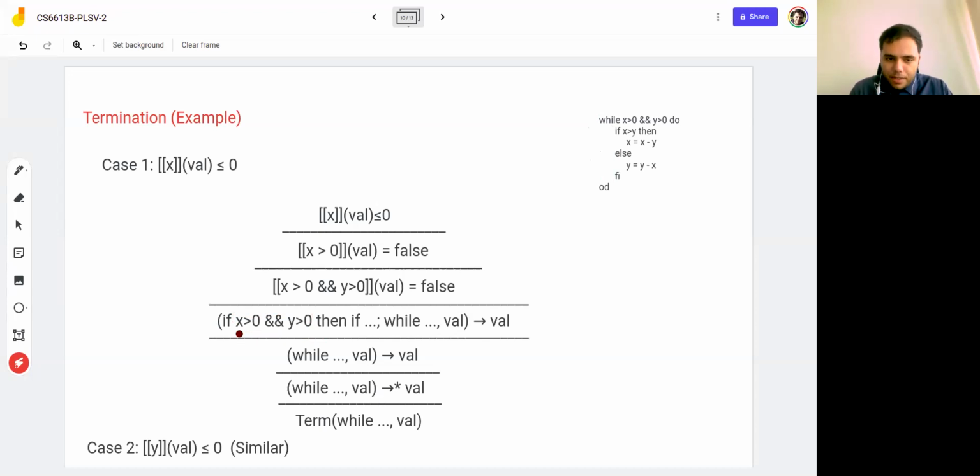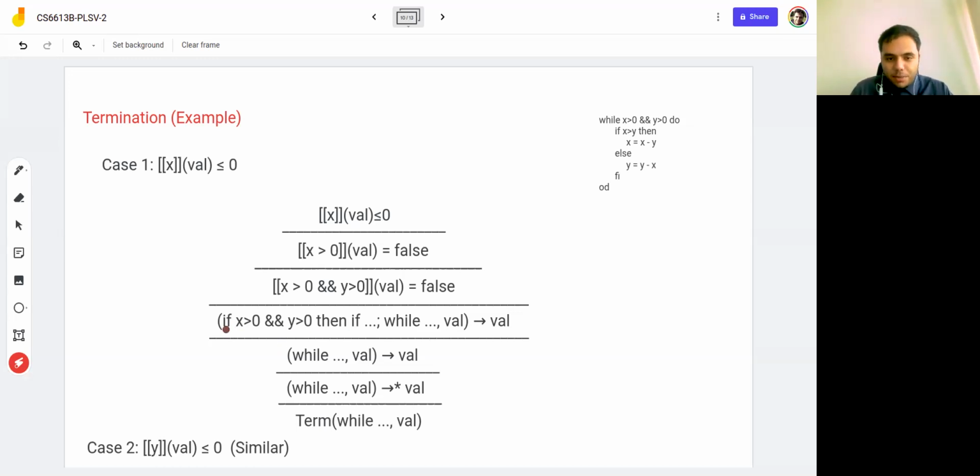So here, which rule was used to go from here to here? No, this is not the while loop rule. So yes, that's the if rule, exactly.